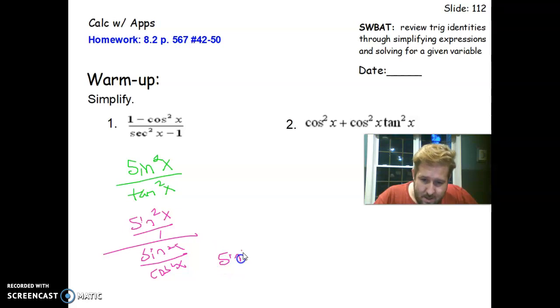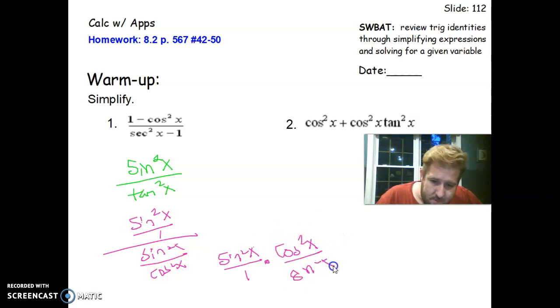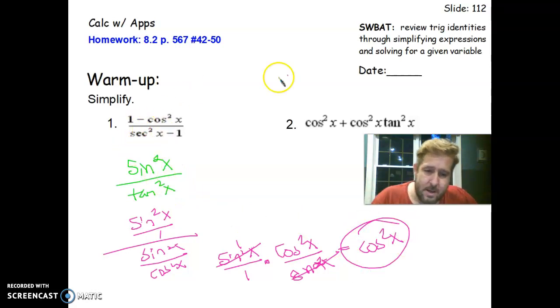So this becomes sine squared of x over 1 multiplied by, flip this around, cosine squared of x over sine squared of x. Now both sine squared terms can be reduced, and you end up with cosine squared of x as the answer for that identity.